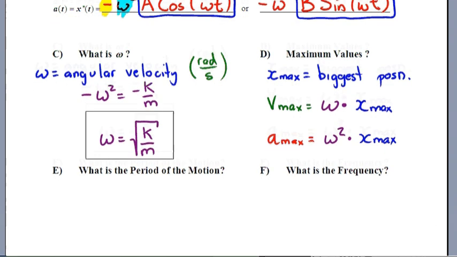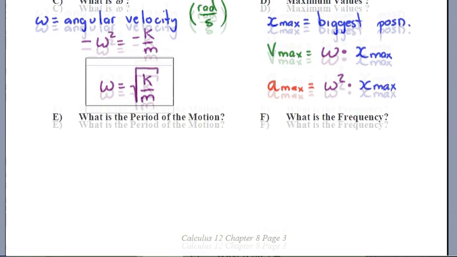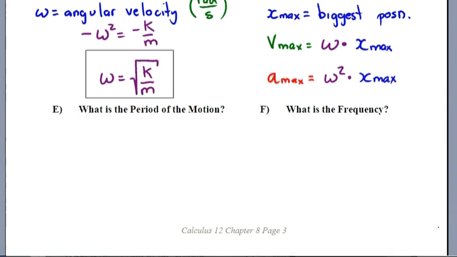Now, the last two things on this page, let's talk about converting this omega thing back to the world of physics. Let's look at the period of the motion for a minute. Just a reminder, period is a time measurement, but it's the time for exactly one cycle.